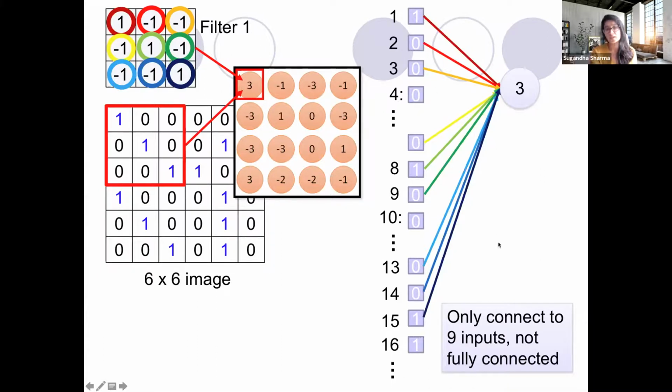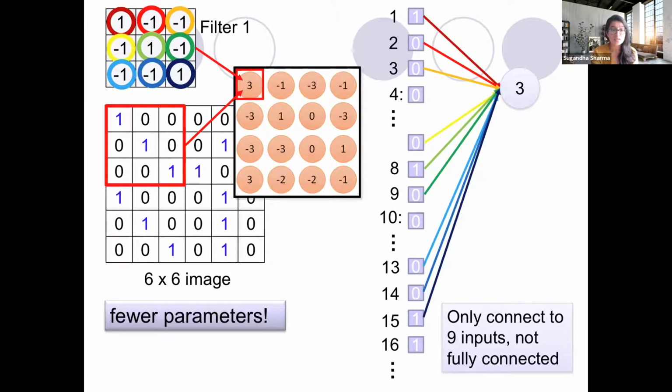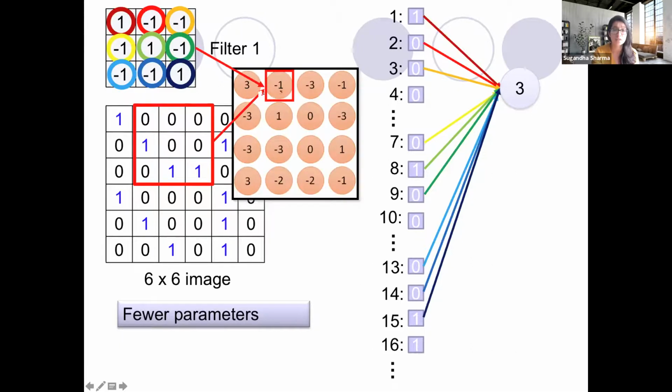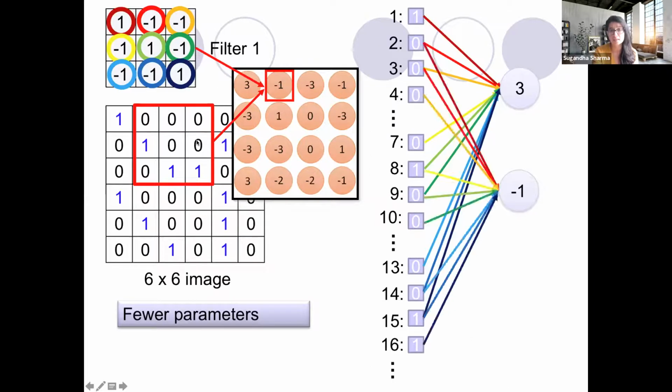So the first thing to note is that we have reduced the number of edges as compared to a fully connected net, which means we have fewer parameters. The second thing to note is that when we move this filter, we have another output unit. If we plot these weights again, we see that we are actually using the same weights, right?